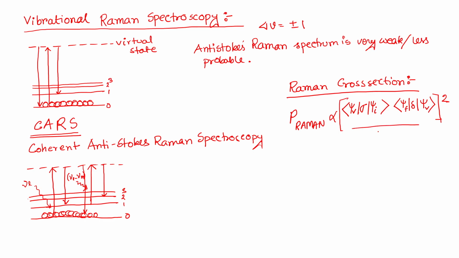Square of that, and that is delta E minus h nu. Actually, your Raman spectra is very weak, right? What we have discussed, because of the induced dipole. But now, when the condition delta E is equal to or close to h nu, or resonance, then your signal intensity becomes very high.